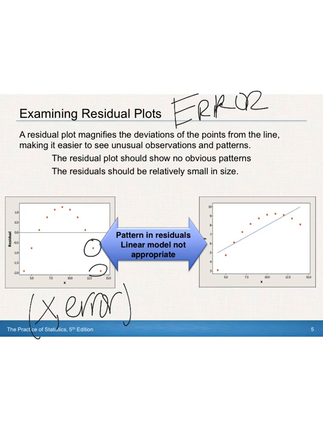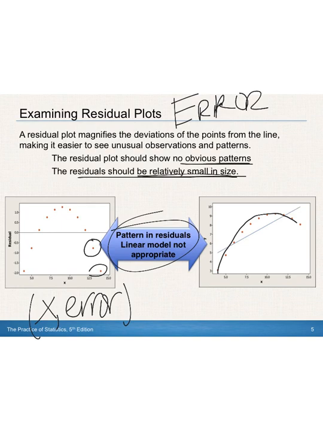We shouldn't see any patterns. So if we did a residual plot and we found this parabolic pattern, or if we found this curve, we would say for sure that we should not use a linear model or a linear regression line to analyze that data. So we should see no obvious patterns, and the residual should be relatively small in size.